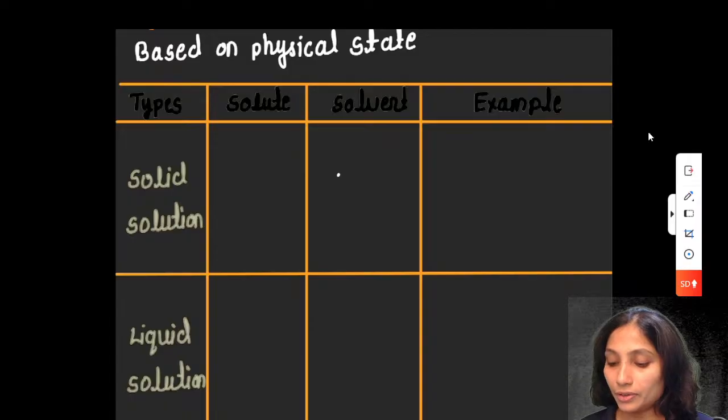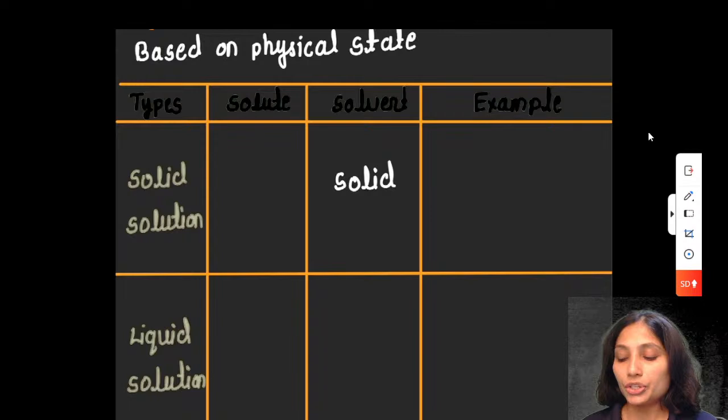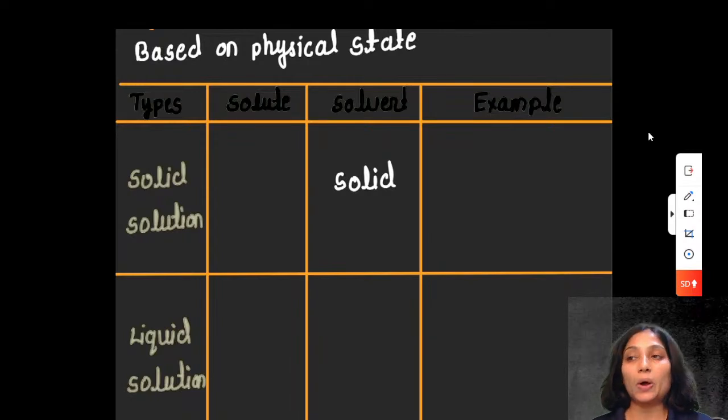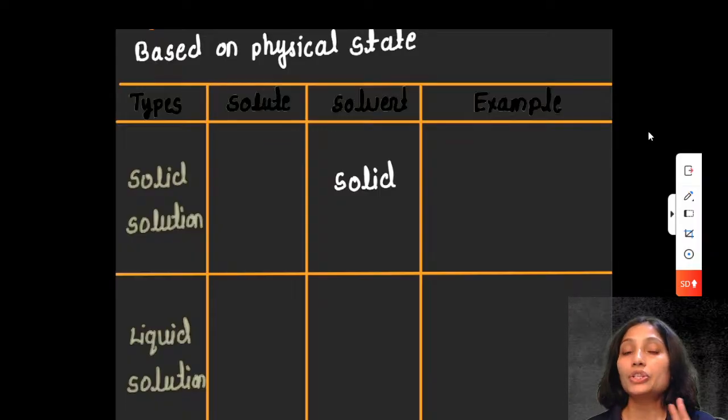In solid. Solvent will be in which state? Solid state. I hope you're understanding what I'm saying. In all solid solution, what will be the physical state of solvent? Solvent will be present in solid state, because solution takes the physical state of solvent.